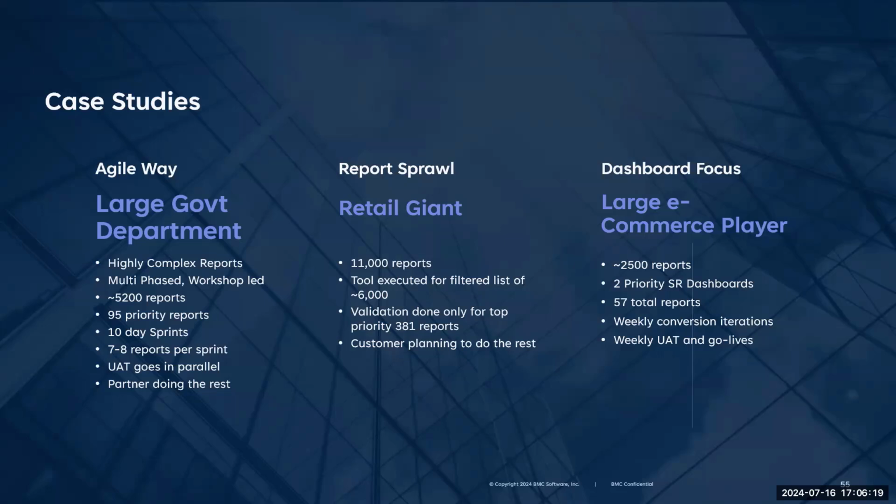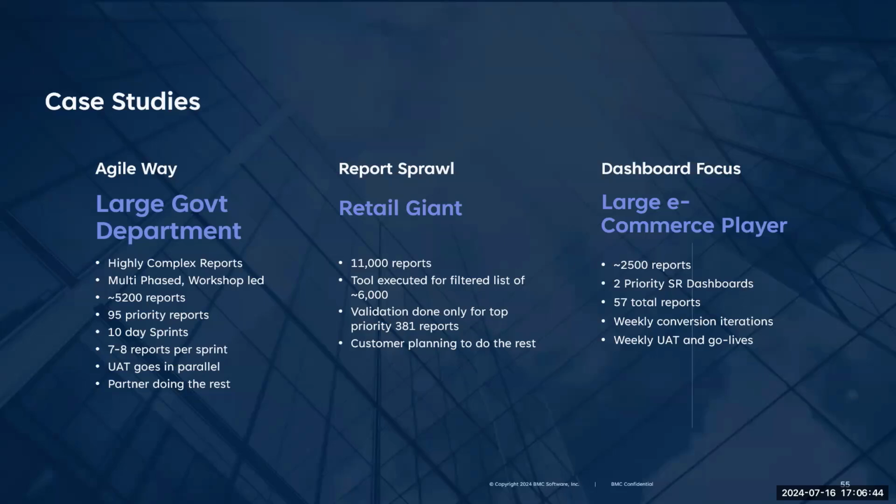So the number one customer listed here is a large government department, and they had a lot of complex reports, a lot of core display reports, large core display reports. So we decided that they needed much closer analysis and planning before we do any kind of migration.